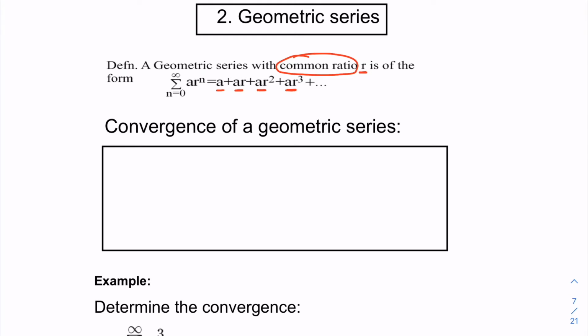For geometric series, if the common ratio is between -1 and +1, we can directly claim the series converges, and it will converge to a1 over 1 minus r, where a1 is our first term.